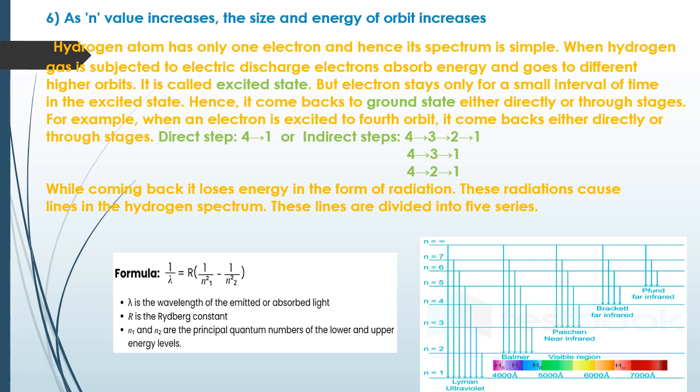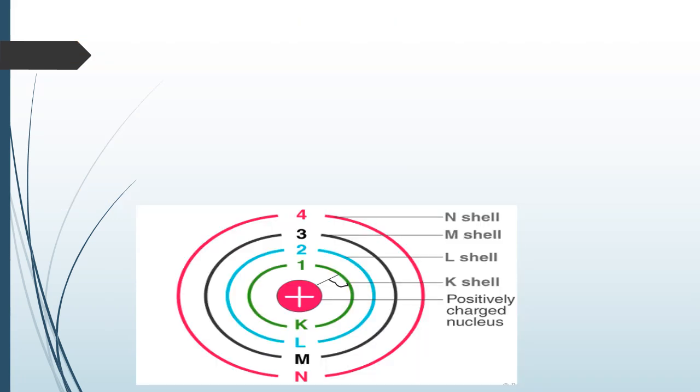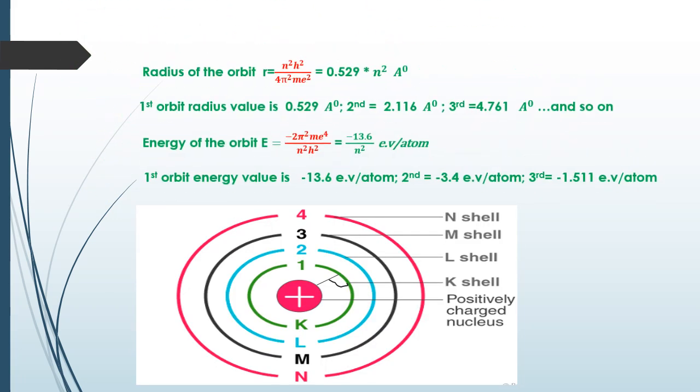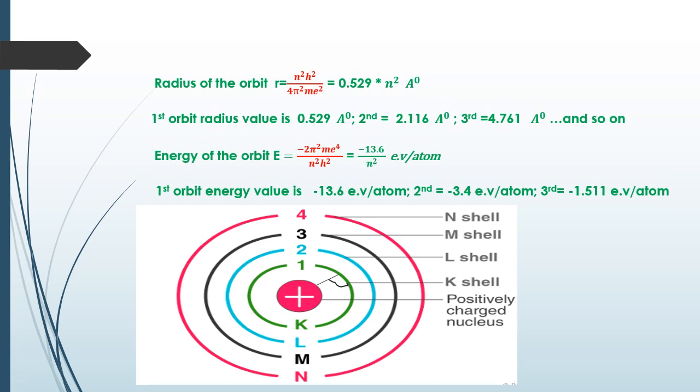Here lambda is the wavelength of the emitted or absorbed light, R is the Rydberg constant, and n1, n2 are the lower and higher energy orbit levels. Based on this theory, we can also calculate the radius of the orbit and the energy of the orbit using these formulas you can see.